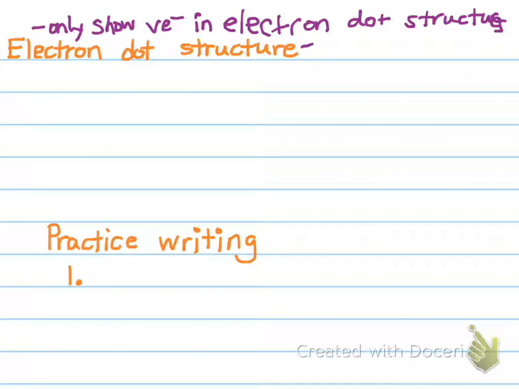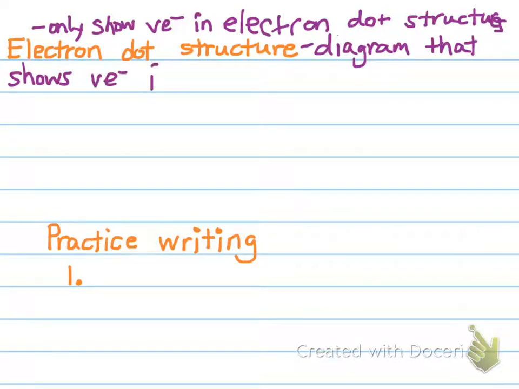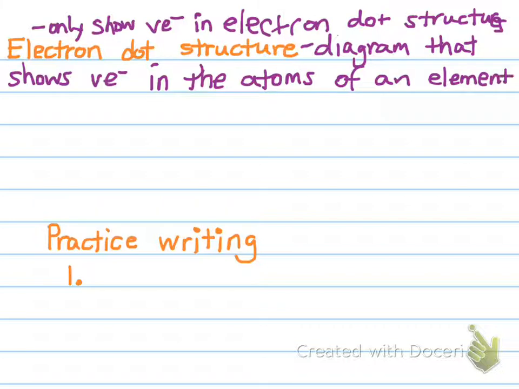An electron dot structure is a diagram that shows valence electrons in the atoms of an element as dots.